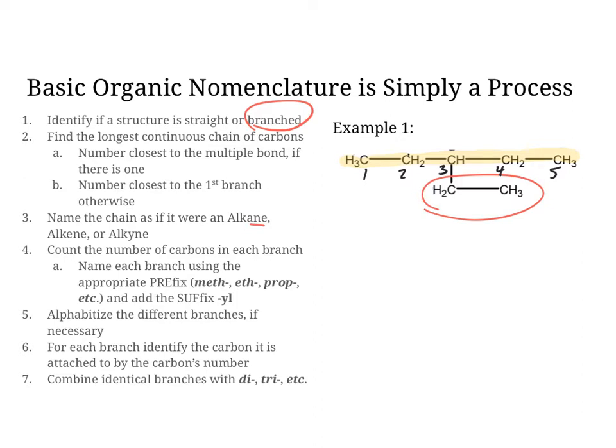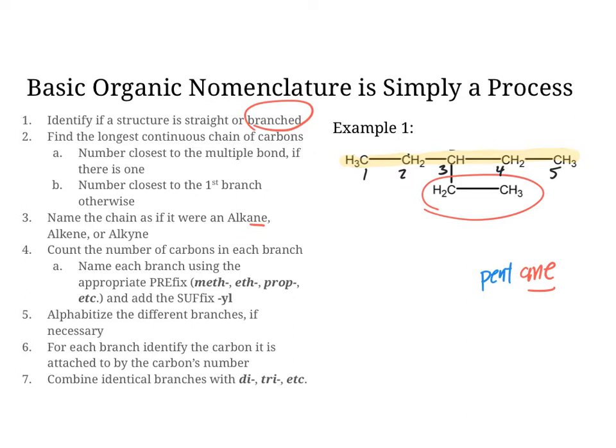So I'm going to write the suffix ANE. I'm going to put a line under it to remind me what it is. I'm then going to name the number of carbons in the continuous chain. And because there's 5 of them, I know that the prefix for 5 is pent. So it's a pentane. And now that part of the chain is taken care of.